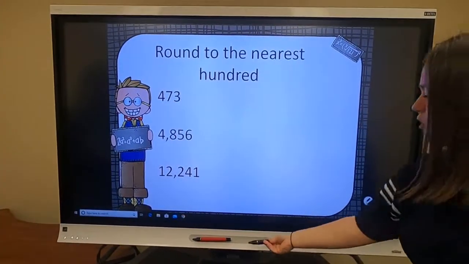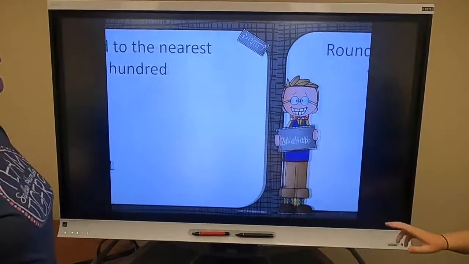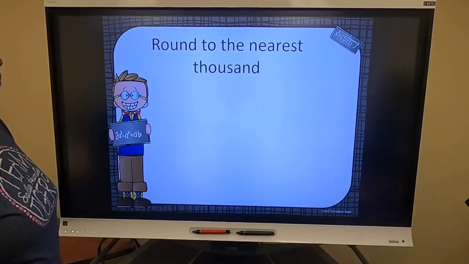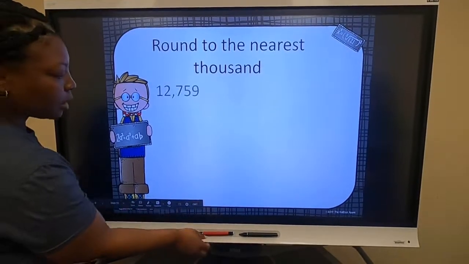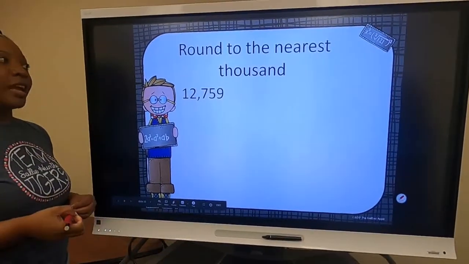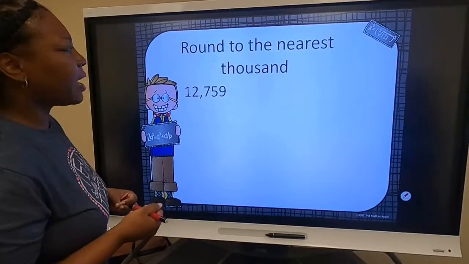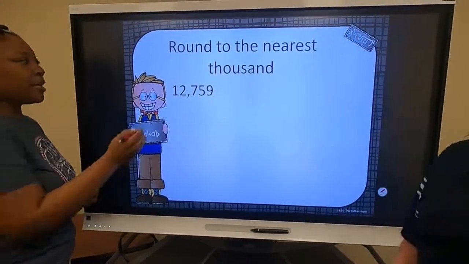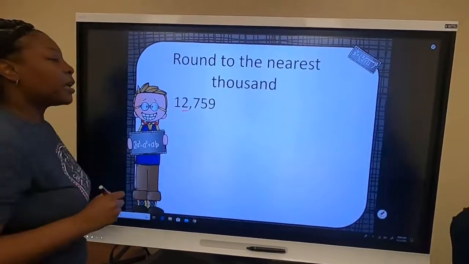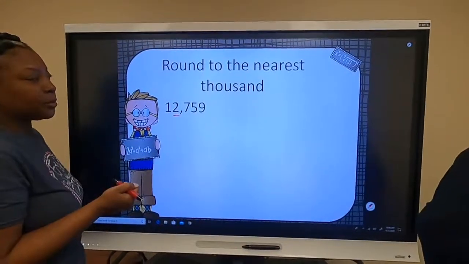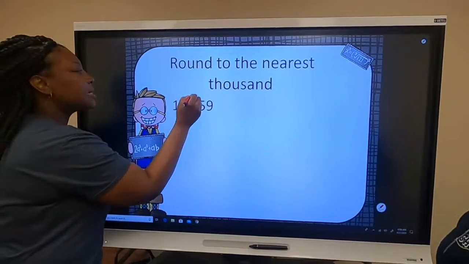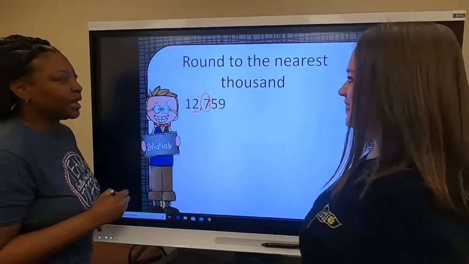And y'all are going to get to do a little more rounding. Round to the nearest thousand. 12,759. Miss Wilson, what number is in the thousands place? That 2 is in the thousands place. So that means I circle the number to the right. And that number is what, Miss Wilson? That is the 7. That's in the hundreds place.